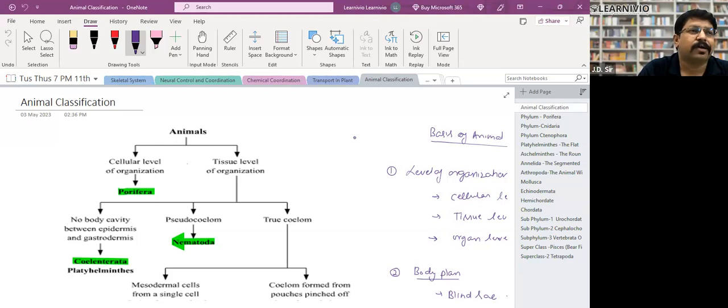The cells have cellular interconnection through which their protoplasm remains interconnected.